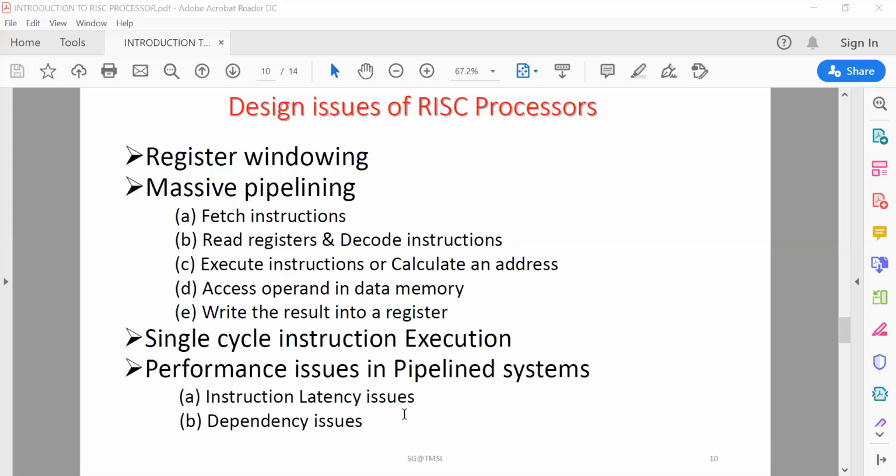This gets rid of the overhead of the call and return sequence. This is only a small sample of the optimizations available. So these are the design issues in RISC processors.